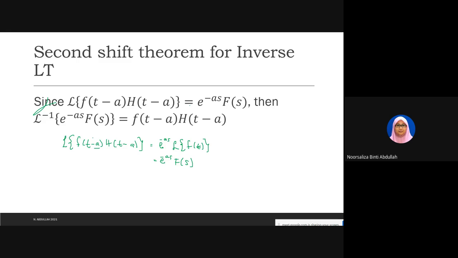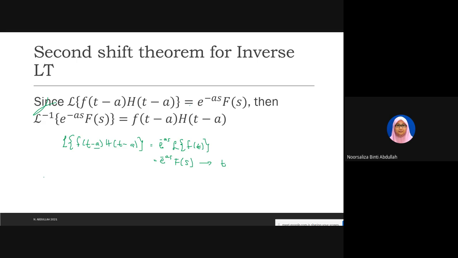Now from the Laplace, we want to find the t. So from here, exponent minus as F(s), and you want to find it in the t domain.